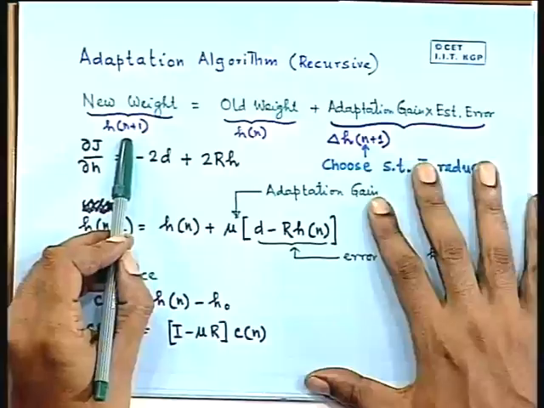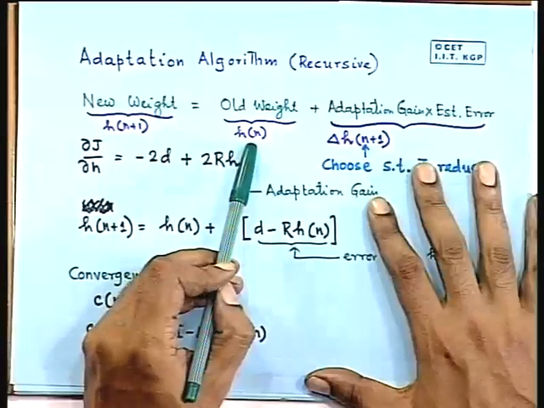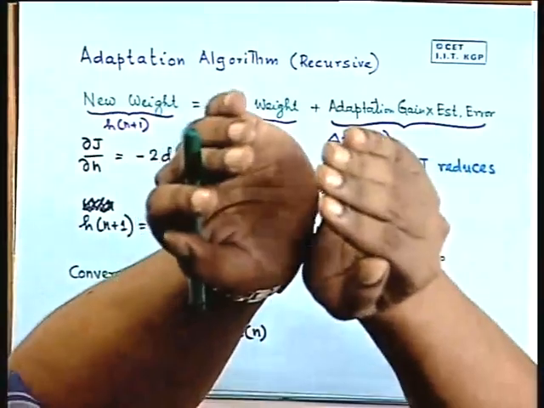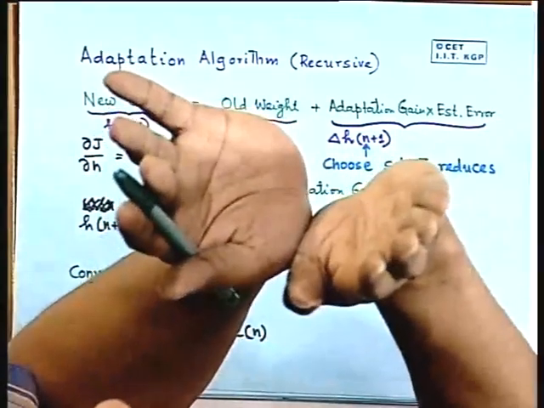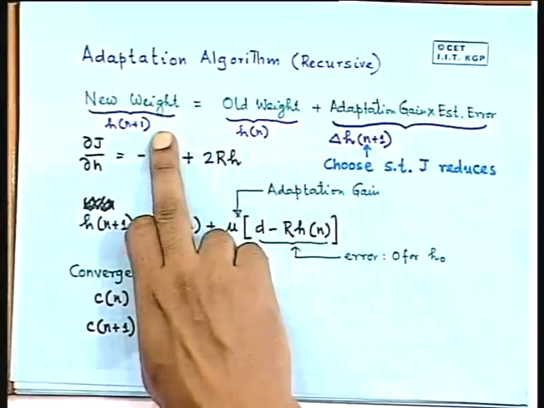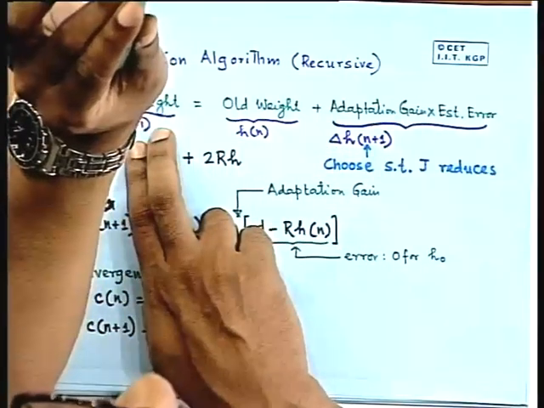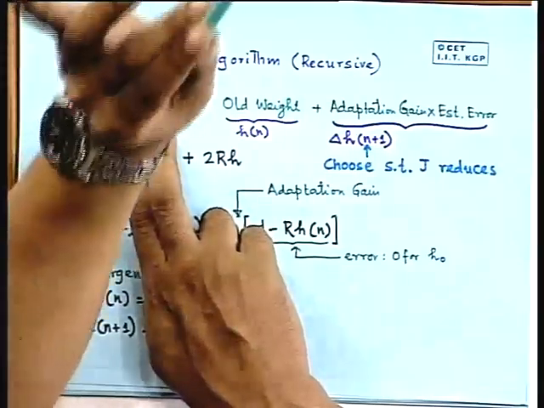So you have the new weight which you compute in terms of your old weight and you want to update. So always you try to compute some form of an error, that is something that would have been 0 if the weights were really good, because if the weights were really good, then that error will be 0, and then there will be no updating. So if the weights are really good, you don't want to change it. You want to change it only when the weights are not good.